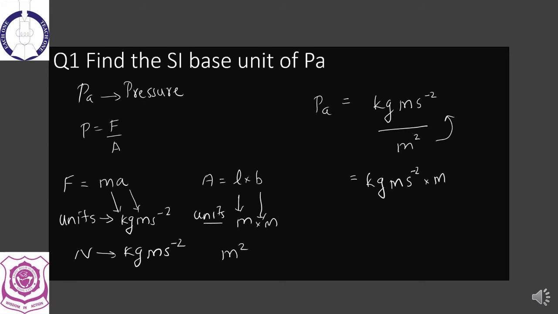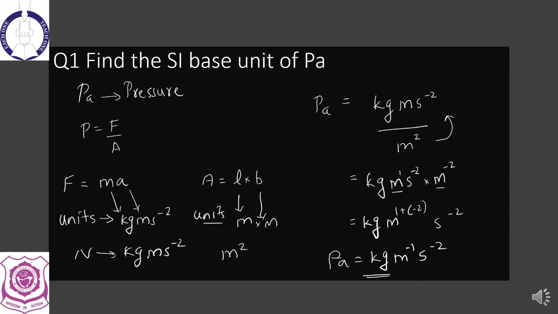Here you can look at the variables. They are of the same base, so the powers can be added. It will become m to the power 1 plus minus 2, s to the power minus 2. So the final simplification will be kilogram m to the power minus 1, s to the power minus 2. So this is how you write Pascal in its base units.